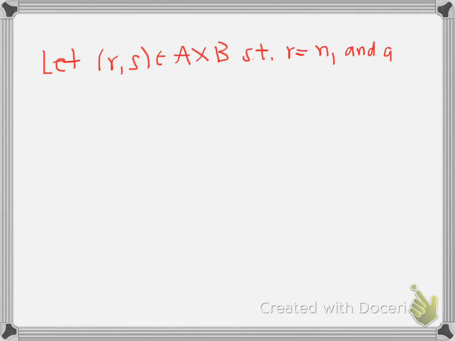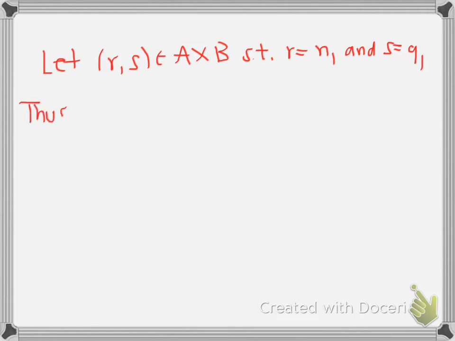Well, let RS belong to A cross B, such that we're going to let R equal N sub 1 and S equals Q sub 1, okay? And note, N sub 1 and Q sub 1 are in A and B respectively, so that's legal.